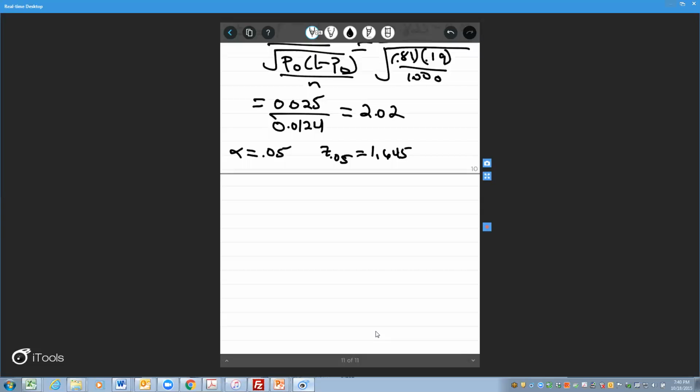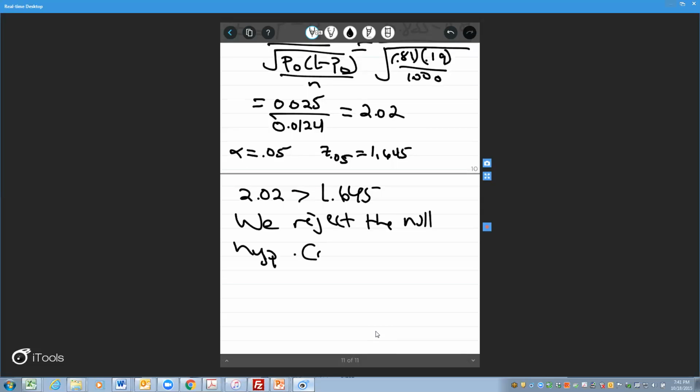Since 2.02 is greater than 1.645, we reject the null hypothesis. We conclude that P is bigger than 0.81.